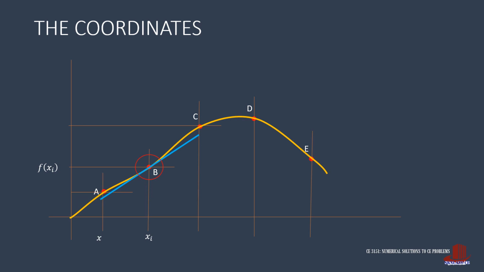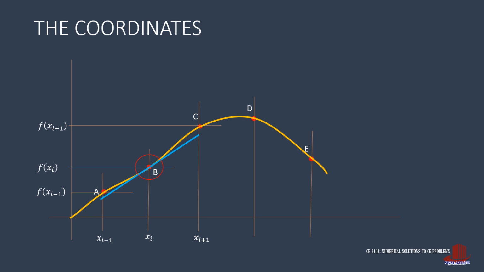The one before point B, and that is point A, will carry an x-coordinate of xi minus 1, and a y-coordinate of f of xi minus 1. Then point C will have x-coordinate of xi plus 1, then y-coordinate of f of xi plus 1.